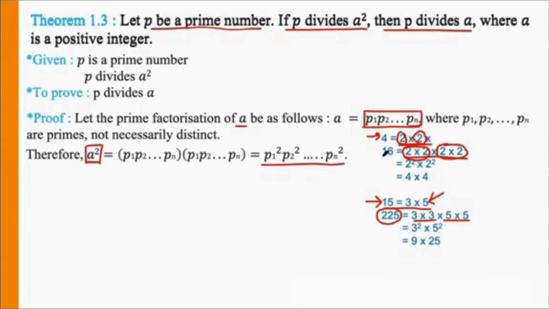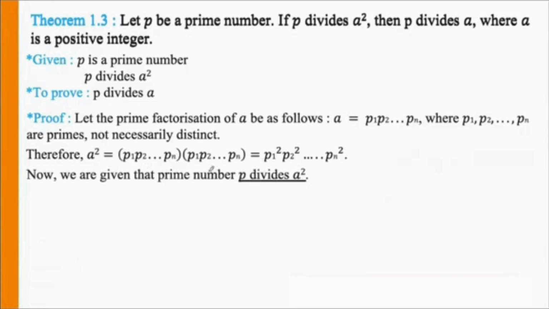The prime factors of 16 are only going to be 2, only one prime factor 2, not 4. 4 is not a prime number, okay? So similarly, prime factors of A square are not going to be P1 square, P2 square. Prime factors of A square are this, P1, P2, and all of this, okay?